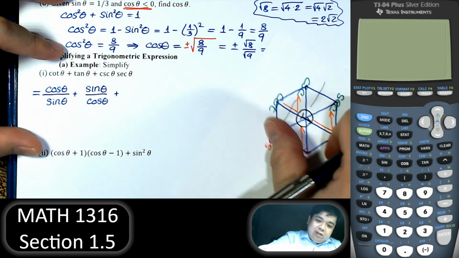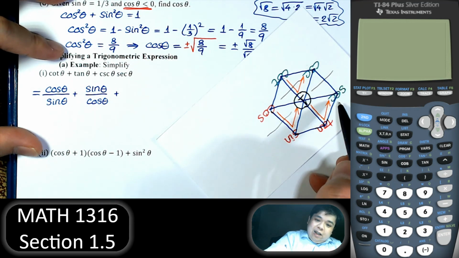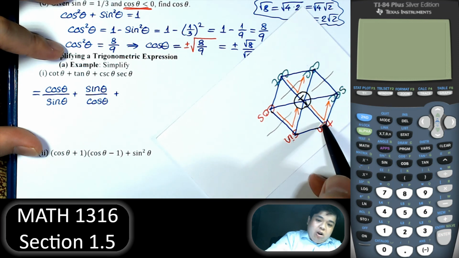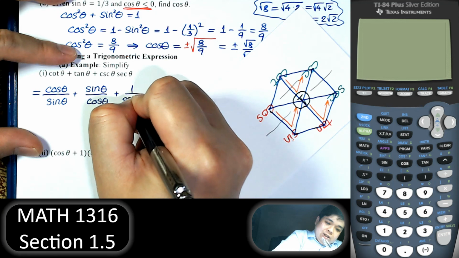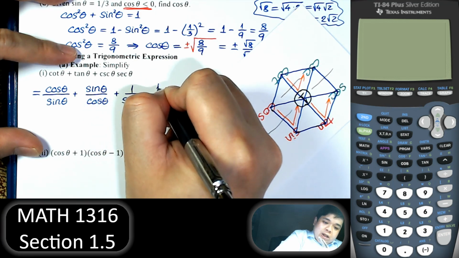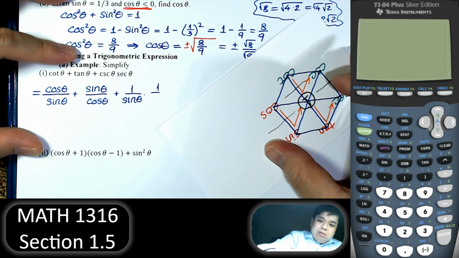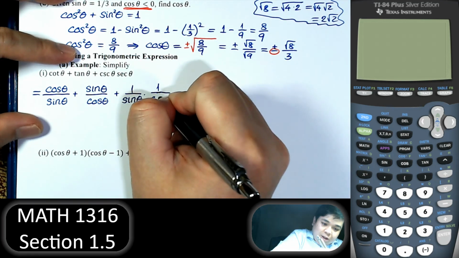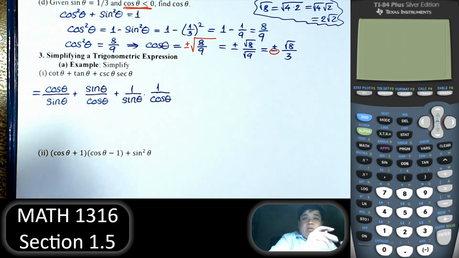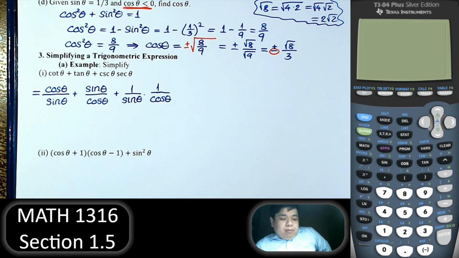Cosecant is secant over tangent. We're not going to use that, but we use 1 over sine. Secant is 1 over cosine. If you don't know where to start, put everything in sine, cosine.